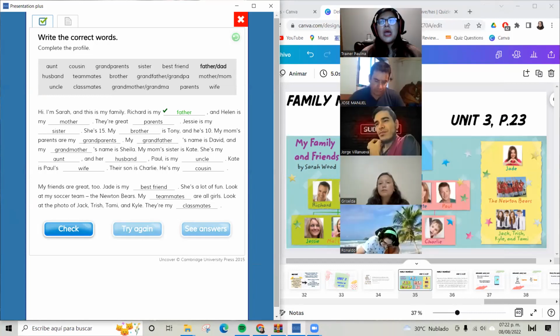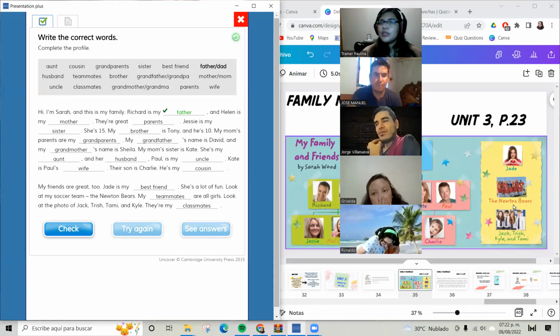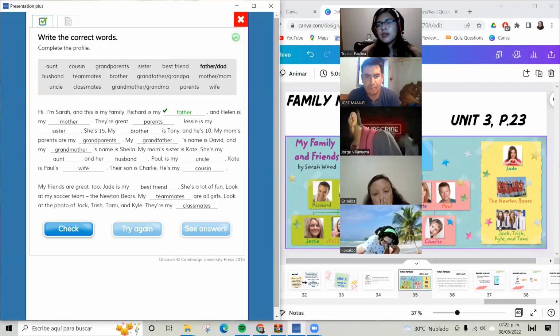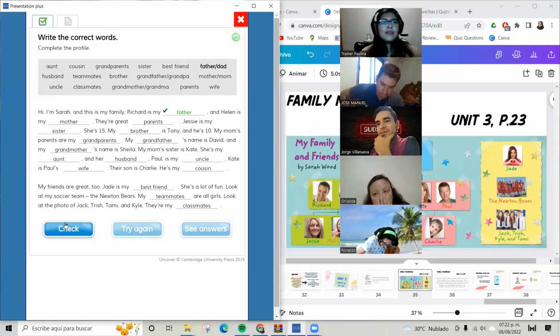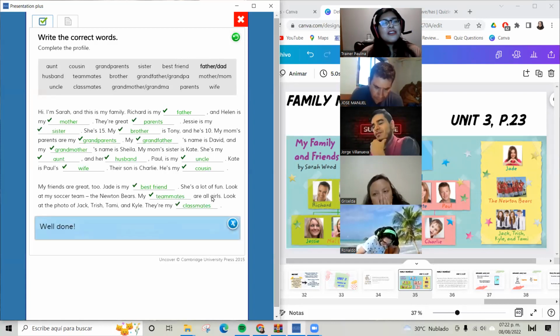Por ejemplo, aquí dice my teammates, aquí the Newton Bears, y son puras mujeres. También dice my classmates, y aquí tengo una mezcla, tengo hombres y mujeres. So mates is just like friends. You're not specifying the sex. And of course, you guys are all correct because you're very smart. Any questions, you guys, about this exercise?